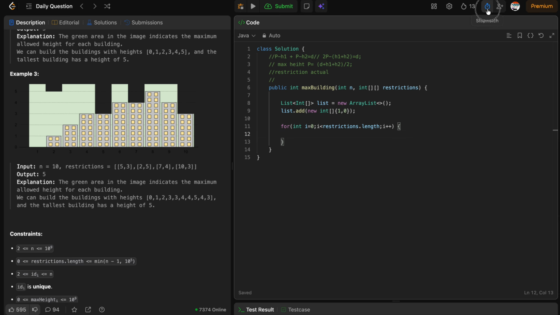Start this. So now we have restrictions, and now we are going to add. This dot add restrictions. Now we will modify the restrictions.